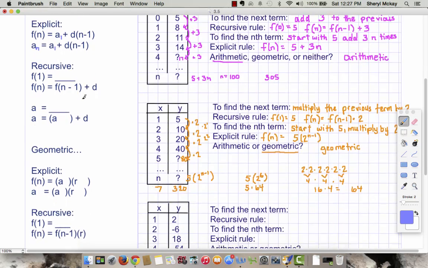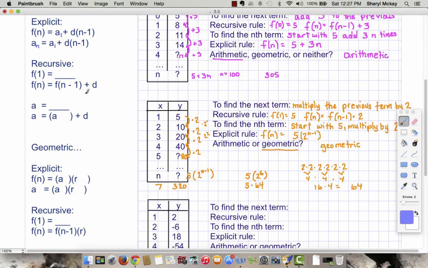And then for a recursive, it would look like this. We would always say what the first term is, right? So we would fill in that blank, whatever the first term is, and then we would say f of n equals the function of n minus 1, which is the previous term, plus d. And then another way to do that, if we didn't want to use this function notation, you might see a of 1 equals, and it would tell you what a of 1 or a sub 1 is.